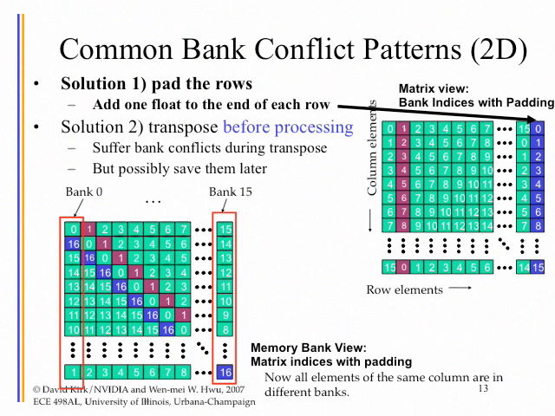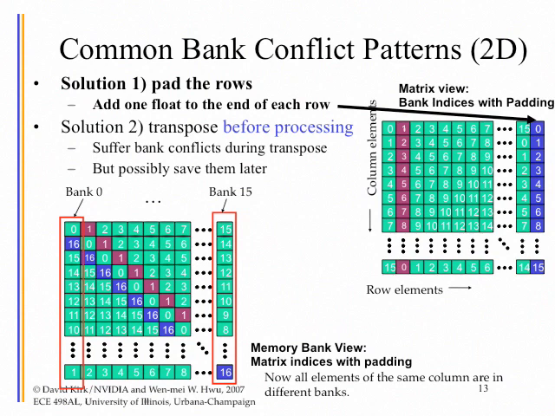But the problem with the transpose approach is that you will end up having to do that pre-adjustment. And you are actually going to suffer bank conflicts when you do that transpose, because you still need to get the data out of it, right? So you can still suffer bank conflicts in that transpose operation.